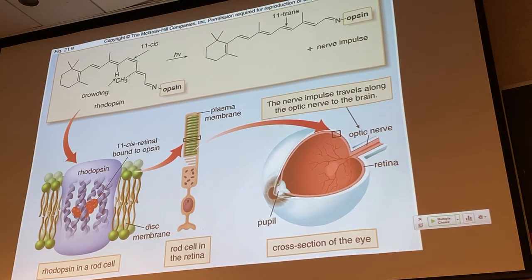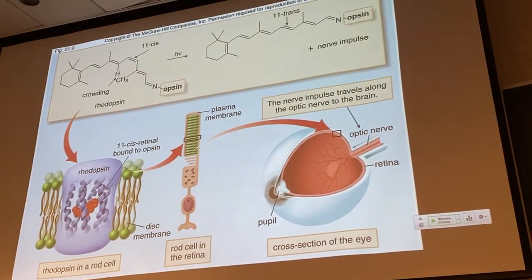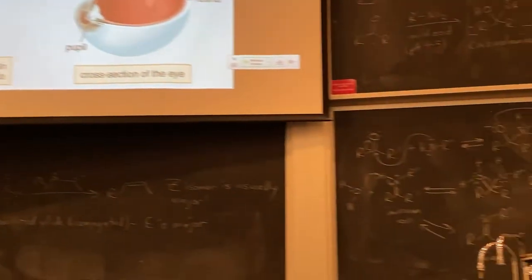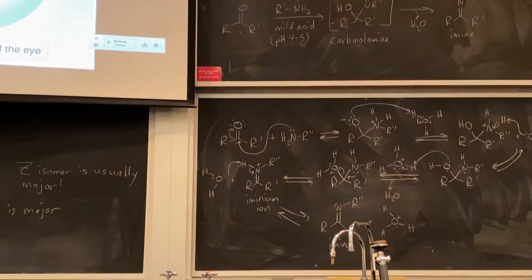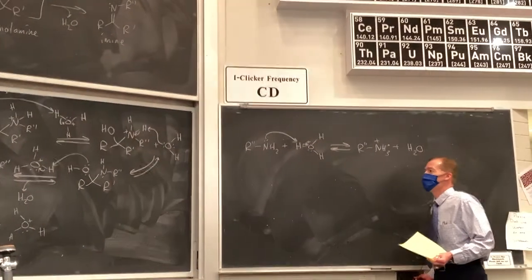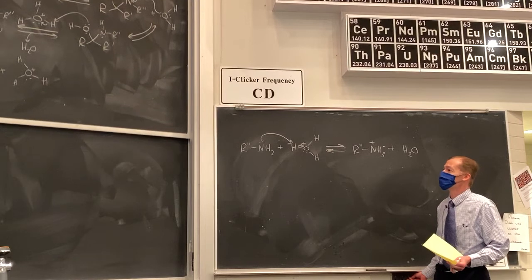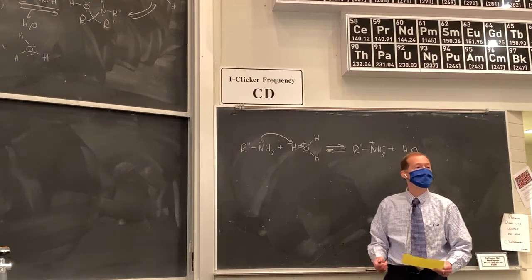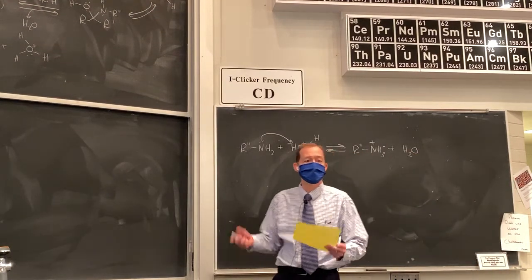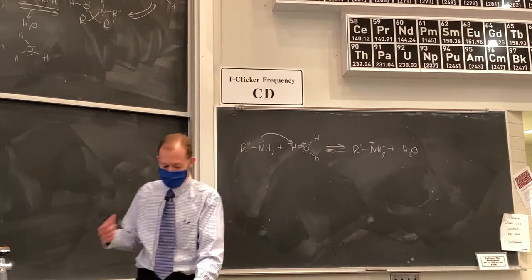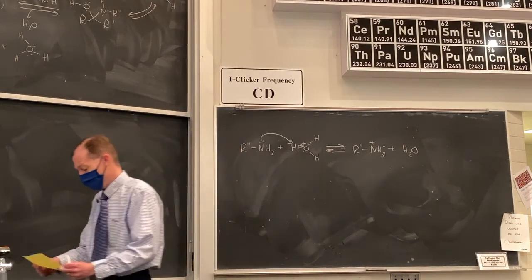So another question you might have is, why does it have to be a primary amine? What would happen if we reacted a secondary amine with an aldehyde or a ketone? And the answer is they would react, but they would not give an imine. They would give a different product.